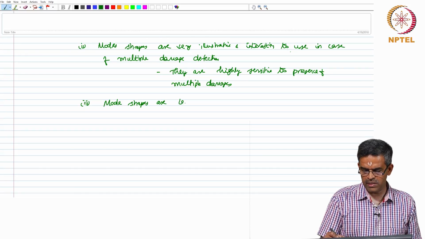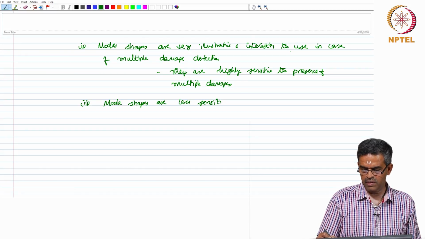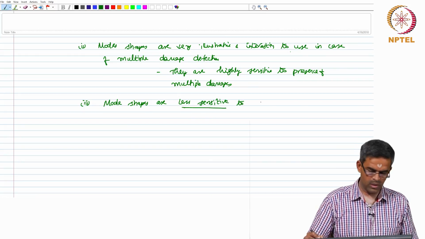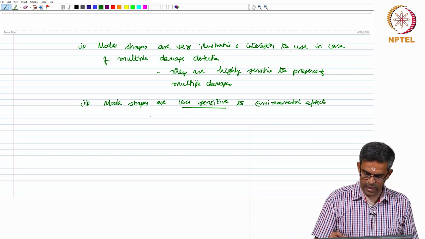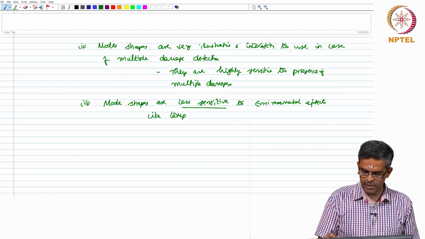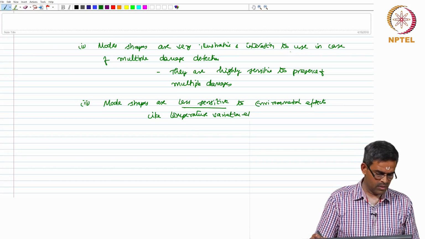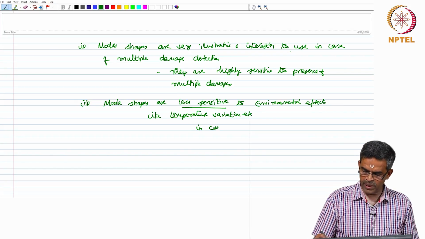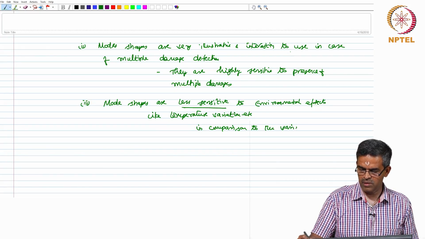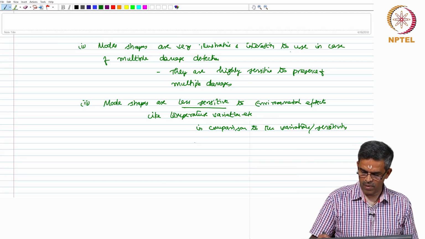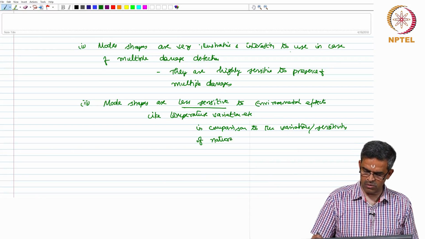Mode shapes are less sensitive to environmental effects like temperature variation, etc., in comparison to the variations or sensitivity of the corresponding natural frequencies.